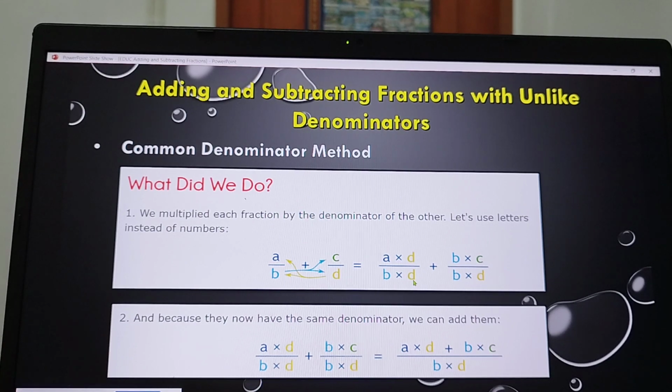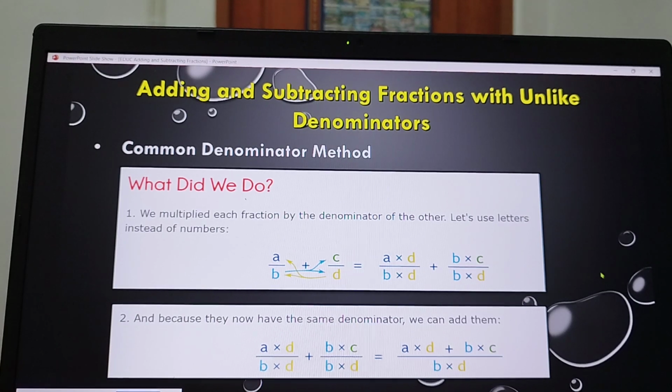D times B, or B times D. So just do it like this: A times D plus B times C over B times D. It's much easier because the denominators of both fractions, if you multiply them, have the same product.